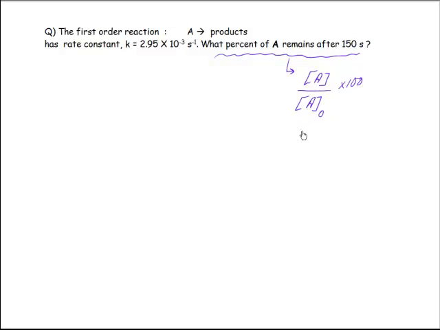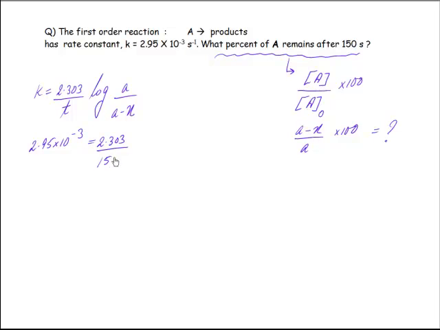So effectively this is (A minus X) upon A into 100. And we know very well that for a first order reaction, the rate constant is given by the formula k = 2.303 by t log of A upon A minus X. We know the value of rate constant, 2.95 into 10 to the power minus 3.